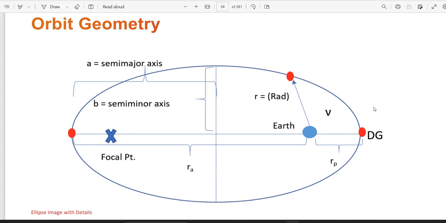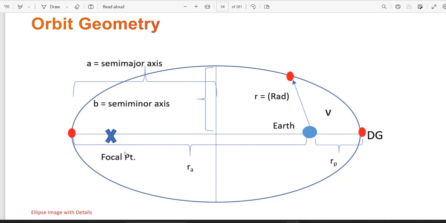Okay, orbit geometry is important. Let's talk about it. Let's just say the Delta Glider, when it's closest to Earth, is here. So that would be called the periapsis point, and I've got it abbreviated r sub p. And let's say later in its orbit, it's over here. So again, as I discussed previously, the true anomaly is the angle between where the Delta Glider is at closest approach and where it is currently.